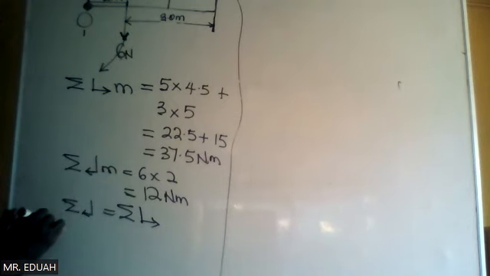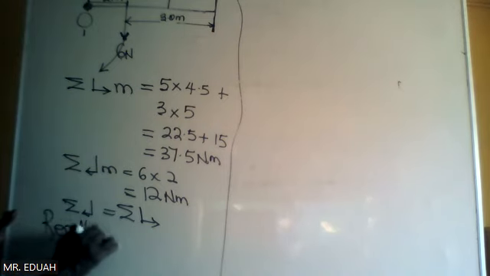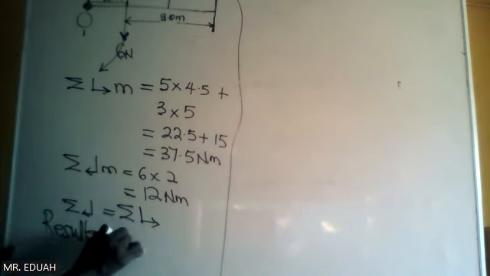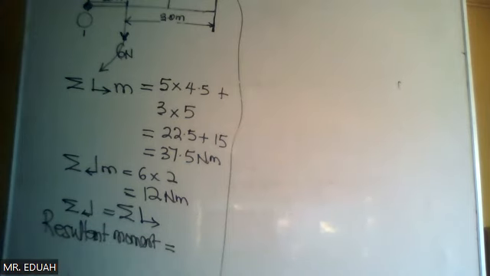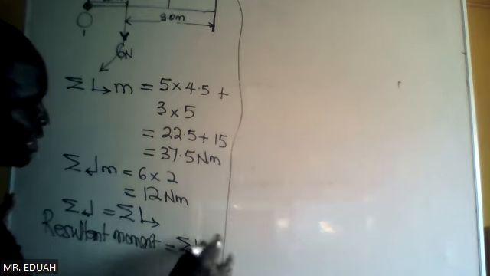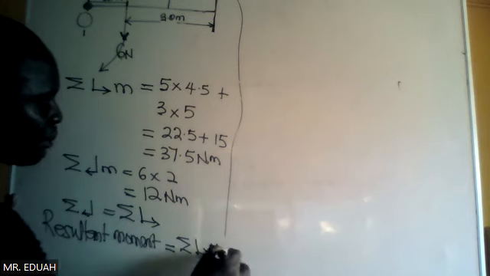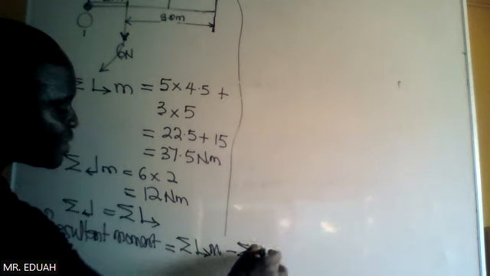Hence, the net, the resultant moment or torque, the turning effect, will be equal to the greater one, which is the sum of the anti-clockwise moments minus the sum of the clockwise moments.